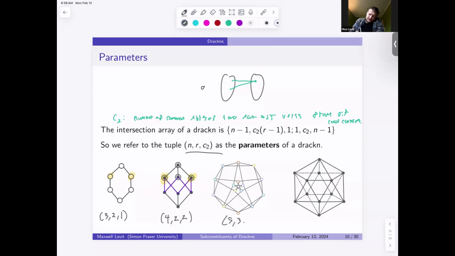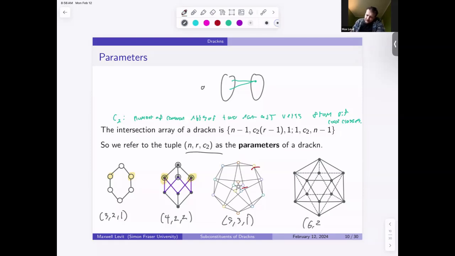Its index is 3. The size of the cover class is 3. And I believe it's 1. Any pair of non-adjacent vertices from different colors. So for instance, I pick this yellow vertex and some purple vertex that's not adjacent. And in fact, yes, they have this 1 common neighbor. So it's 1.